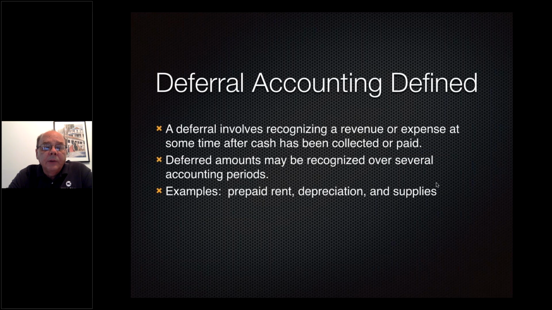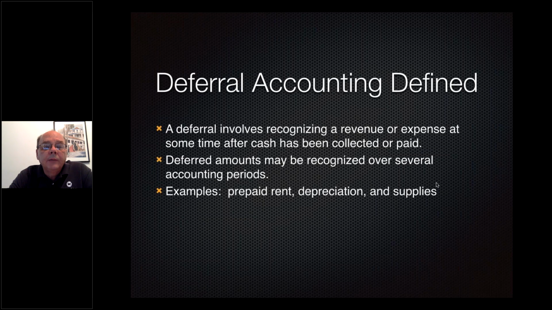Using the rent example, let's use $1,000 a month as our rent, and we're going to pay the landlord $12,000. So your transaction would be to credit your cash account to reduce it, and then you would think that your debit is going to go to rent expense. All right, well, if we do that, what's going to happen in month 2?